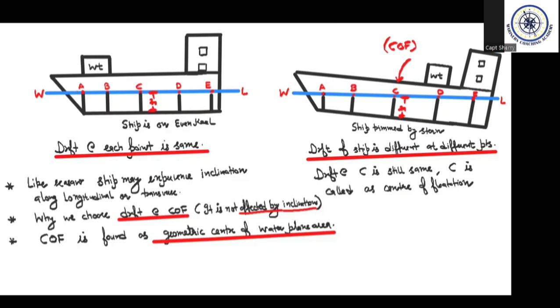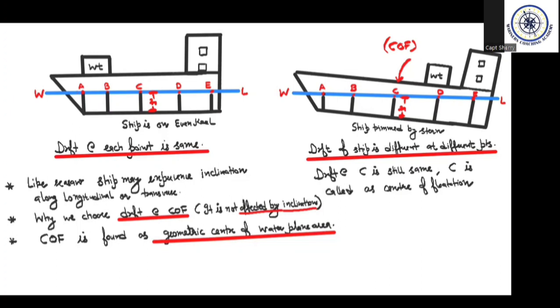If somebody asks you how to find the center of flotation, you can just say it is the geometric center of the water plane area. After many experiments, scientists have found that the geometric center of the water plane area is also known as the center of flotation.